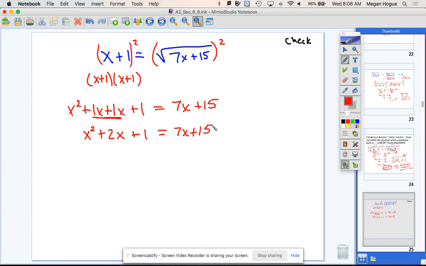I decided not to do that. It was stressing a couple people out. You can if you would like. So now I'm going to move these two things over. So I'm going to subtract 7x, I'm going to subtract 15. So I'm going to get x squared minus 5x minus 14 equals 0.